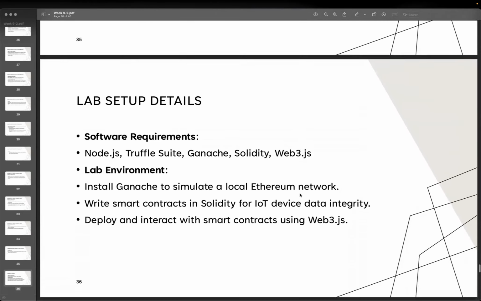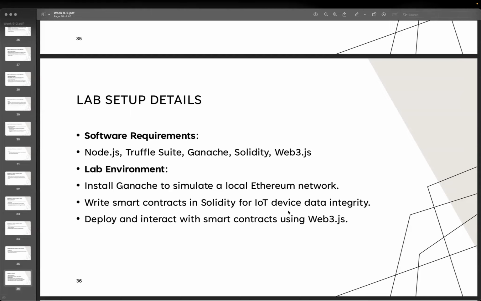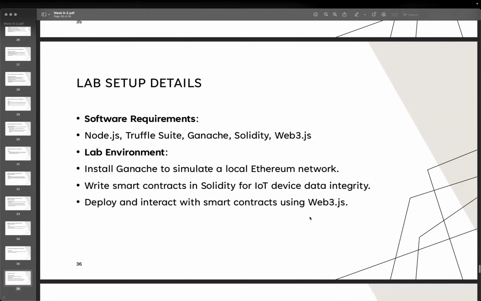One is that we need to simulate the Ethereum network, meaning we simulate the blockchain, and then we write the smart contract. Then for the IoT device integration, we deploy and integrate with the smart contracts using Web3.js.